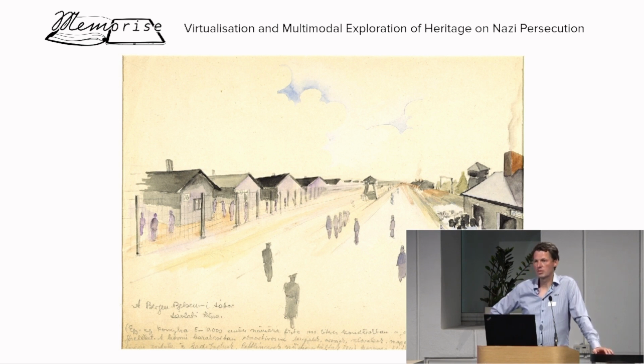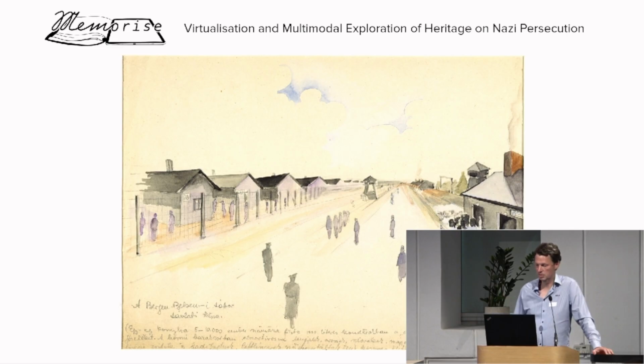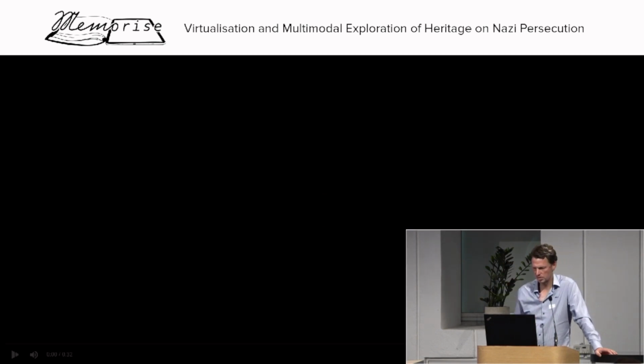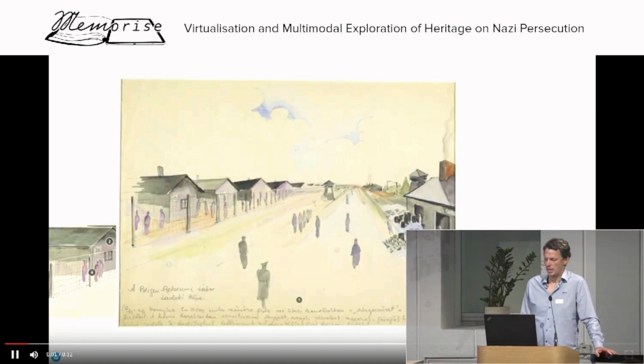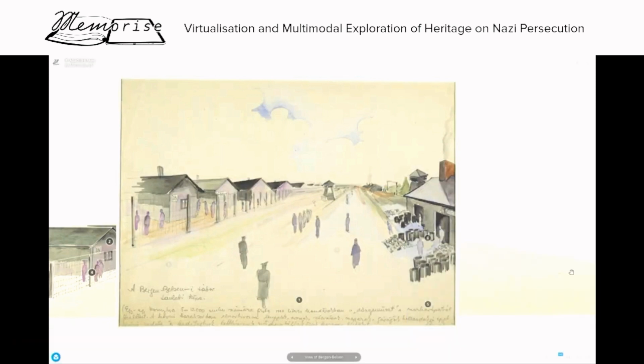We want to use paintings of people who were in these camps. So this is an example of a painting by Abadi, I think. Abadi is his name, yeah. And so what we do is we 3D-ify these paintings, and I have a video for this as well, which is manual work mostly in the first place.